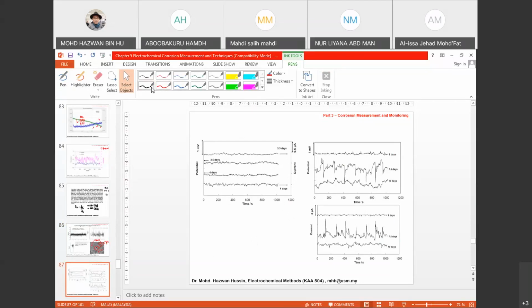Here, probably from 3 days until 4 days, this is where the passive layer has already formed, so not much fluctuation that you will see. But after that, at day 6, you start to have fluctuations. Okay. So it means that localized corrosion starts to occur.